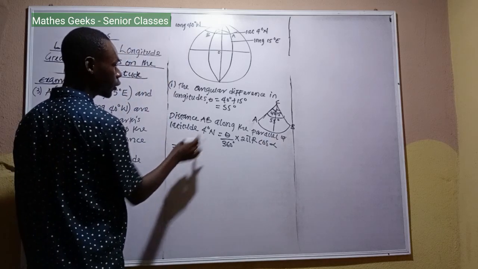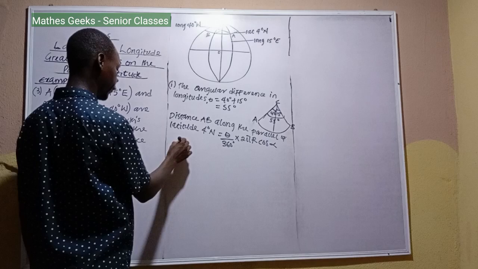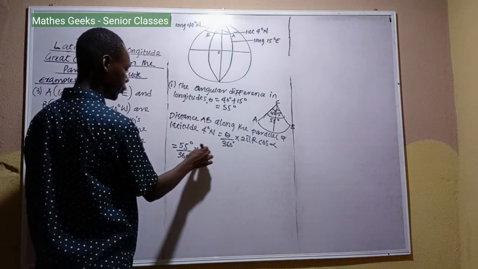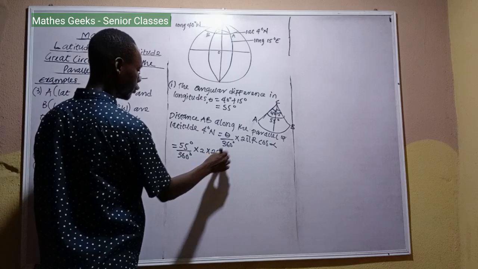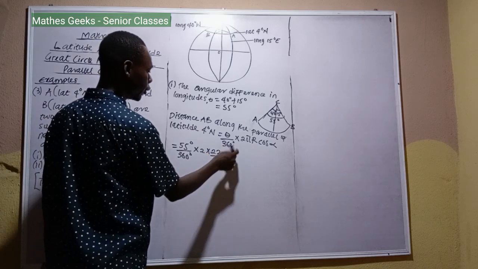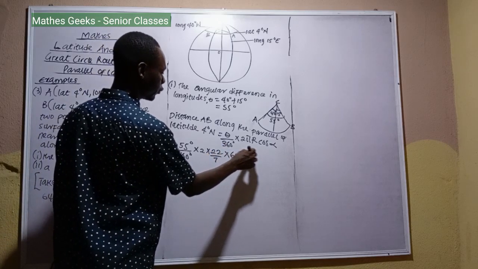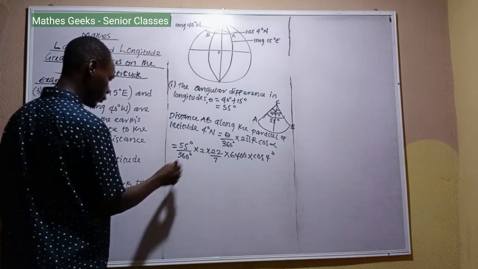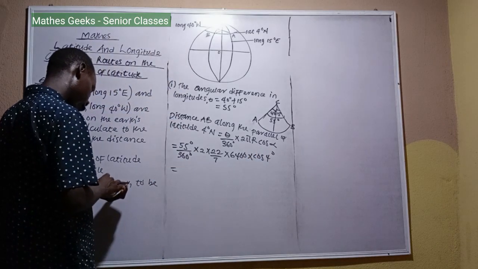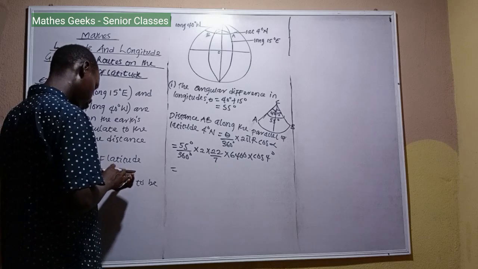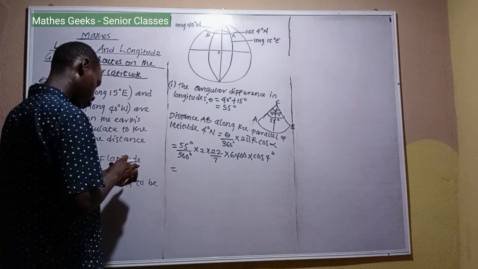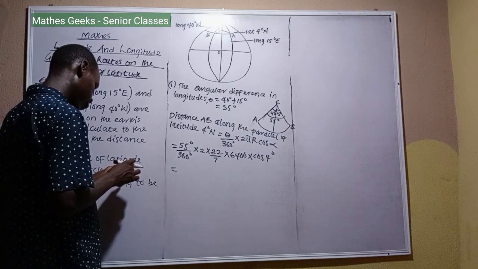Theta, the angular difference, is 55 degrees, over 360 degrees times 2 times 22 over 7 times the radius of the earth 6,400 times cos 4 degrees. That is 55 times 2 times 22 and 6,400 times cos 4.